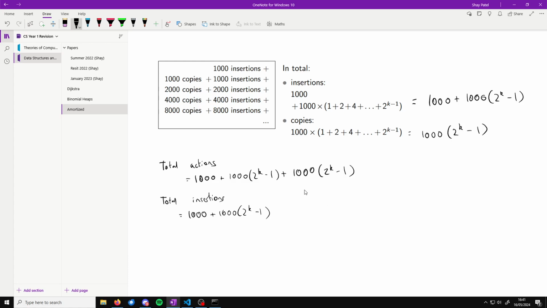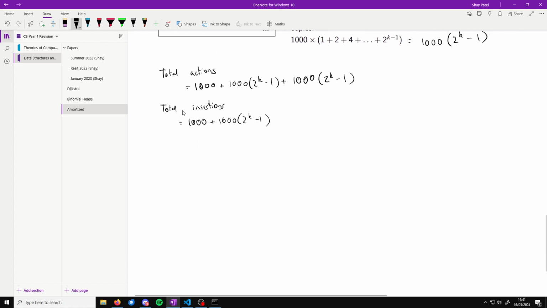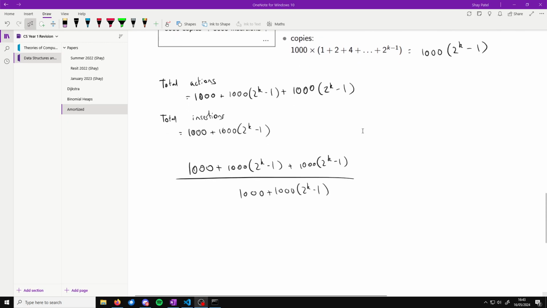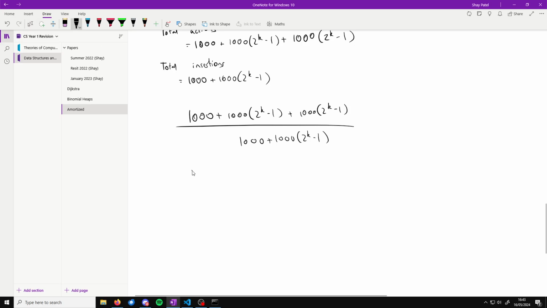To work out the average cost per insertion, we do the total actions divided by the total insertions. So 1000 plus 1000 times 2 to the power of k minus 1, plus 1000 times 2 to the power of k minus 1, all over 1000 plus 1000 times 2 to the k minus 1. I'm going to expand it all out.